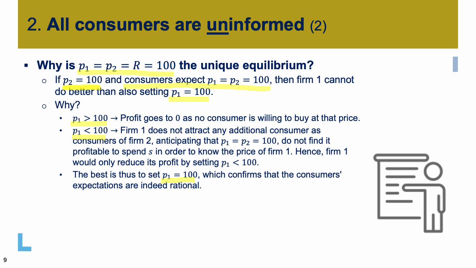If you were having two prices, P1 equal to P2 equal to something lower than 100, then by the previous logic, each firm would be willing to increase its price by less than 2 in order to increase the profit it makes on its captive consumers without losing them to the other firm.